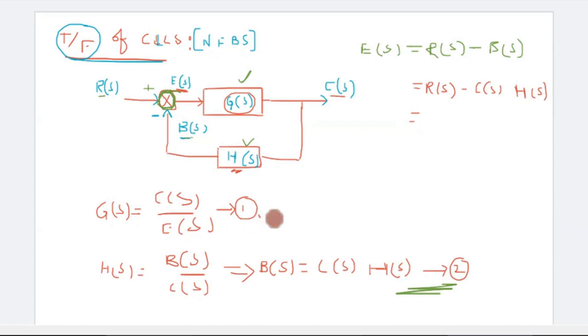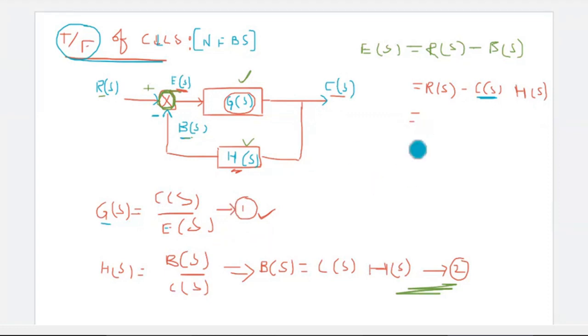Okay, from equation number 1, what is C of S? C of S is equal to G of S into E of S. Just in place of C of S, substitute this value.